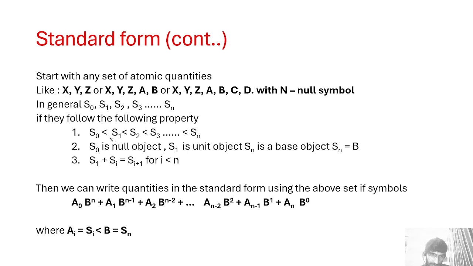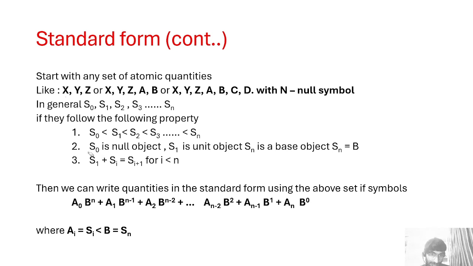The first property is that from S0 to Sn, they should be in increasing order. So S1 will be greater than S0 and S2 will be greater than S1 and so on. So by that matter, Sn will be the highest element, right?